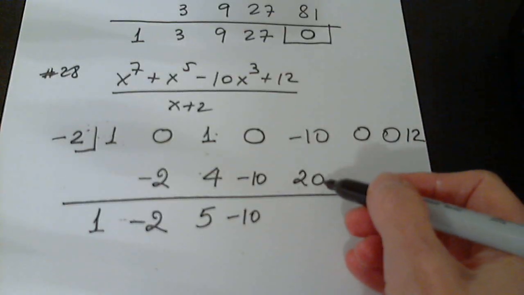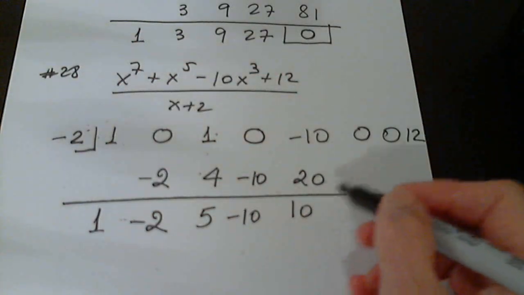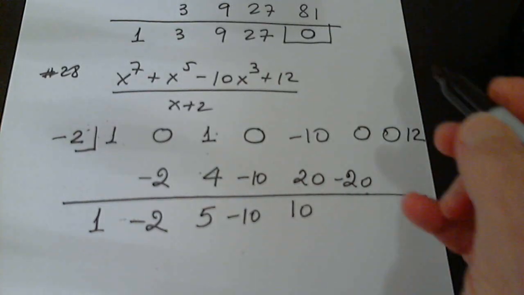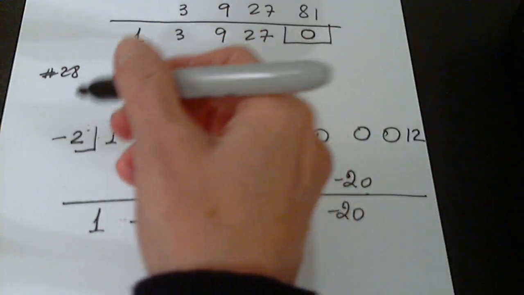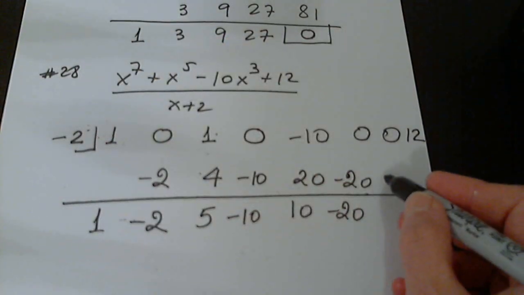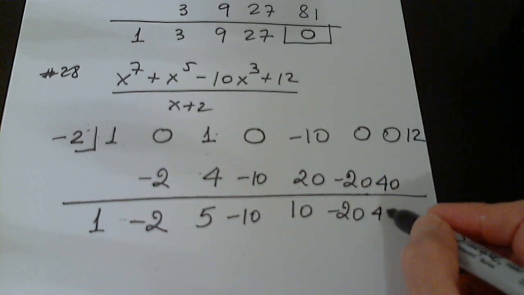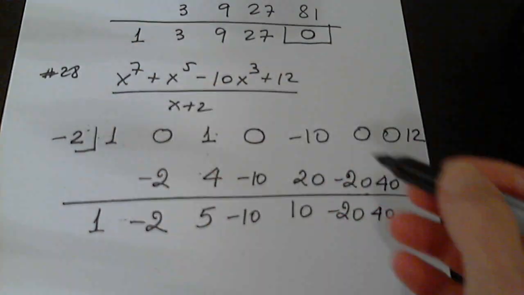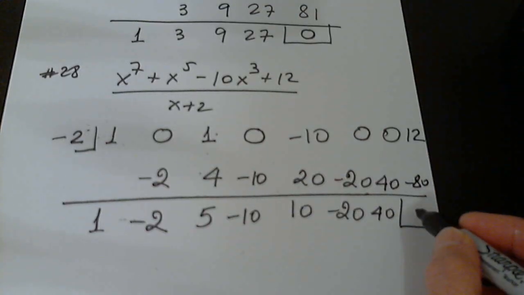Negative 10 plus 20. Negative 2 times 10. 0 minus 20. Negative 2 times negative 20. 0 plus 40. Negative 2 times 40. What is it? Negative 68.